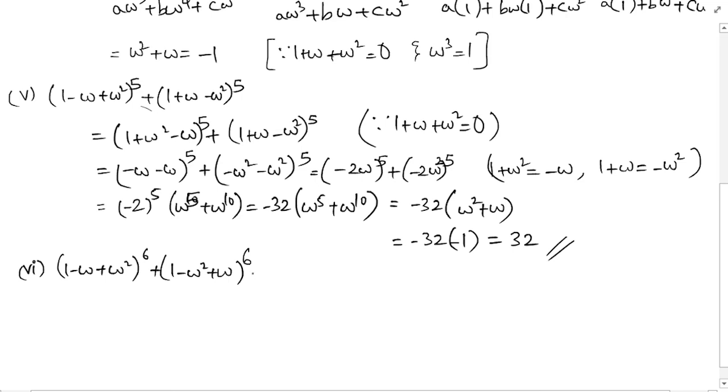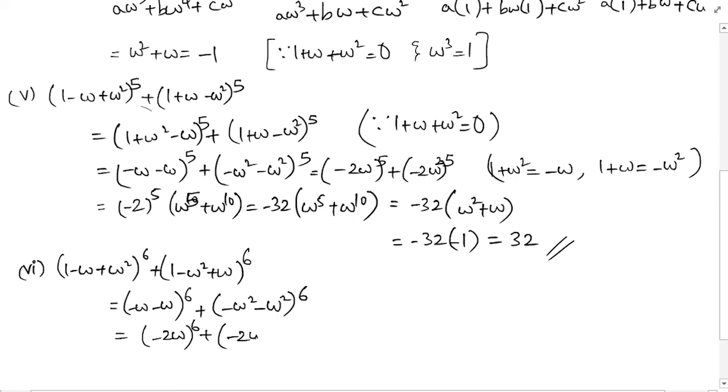So this we can write as (minus 2 omega) to the power 6 plus (minus 2 omega square) to the power 6, which will be equal to (minus 2) to the power 6 omega power 6 plus (minus 2) to the power 6 into omega power 12.